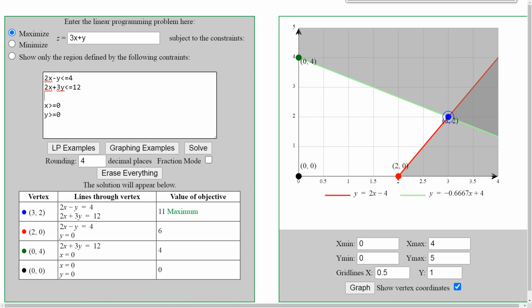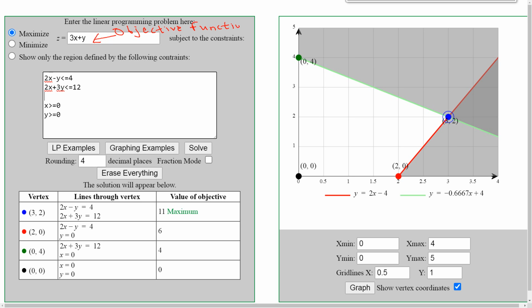Any linear programming problem has three parts. First part is called the objective function.